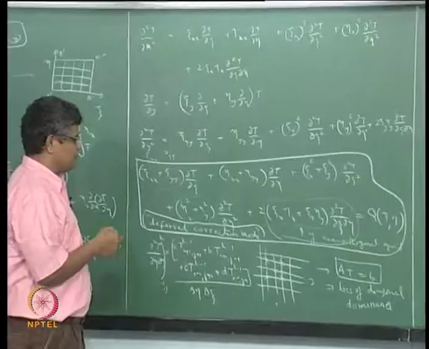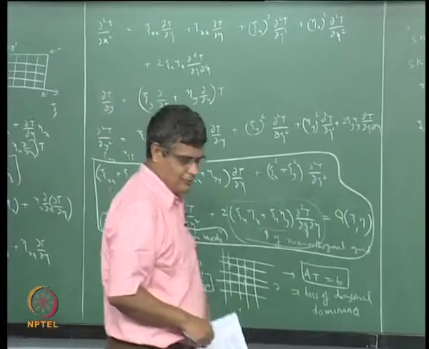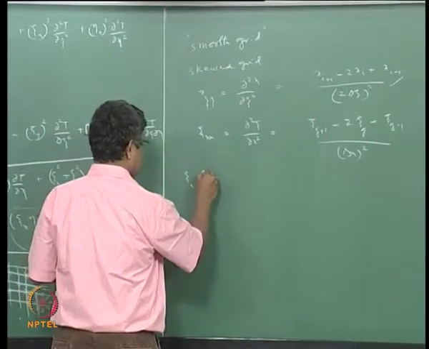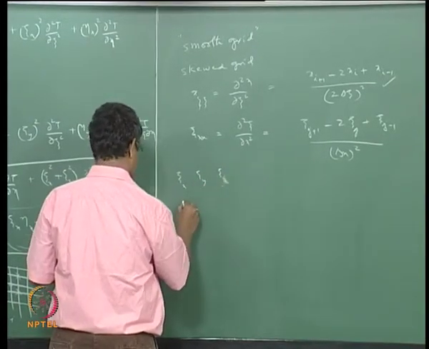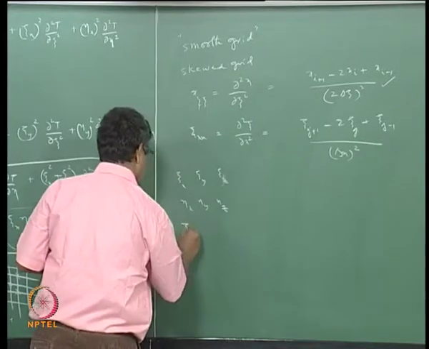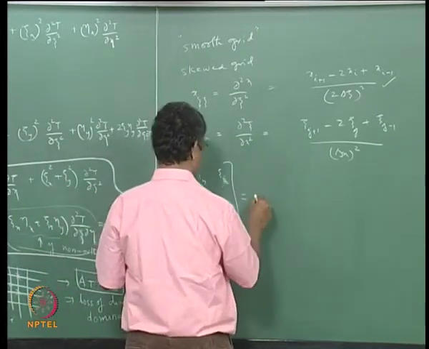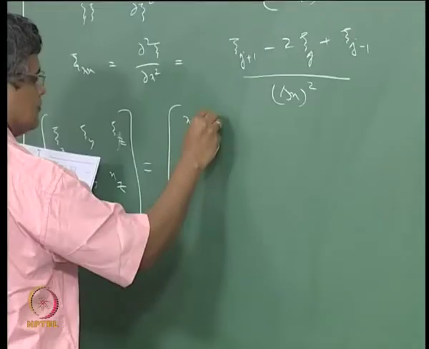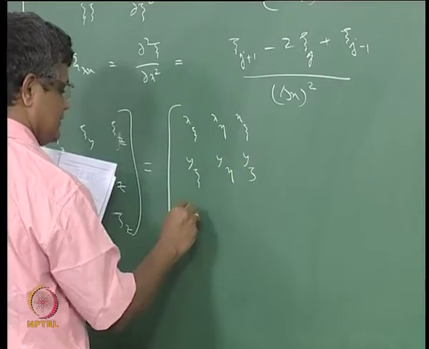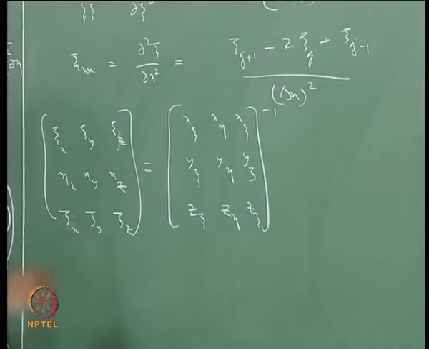So making use of the relation between metrics expressed in terms of psi x and x psi, which we derived earlier, we have shown that psi x, psi y, psi z, eta x, eta y, eta z, zeta x, zeta y, zeta z can be expressed in terms of x psi, x eta, x zeta, y psi, y eta, y zeta, z psi, z eta, z zeta, which we expressed in terms of the Jacobian.